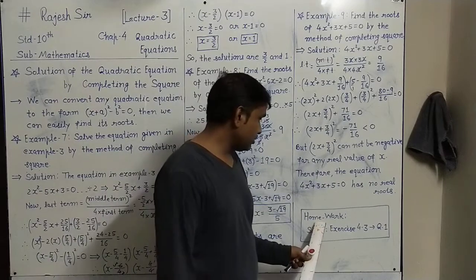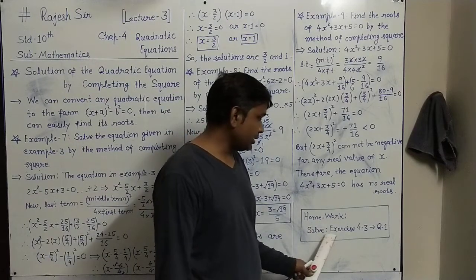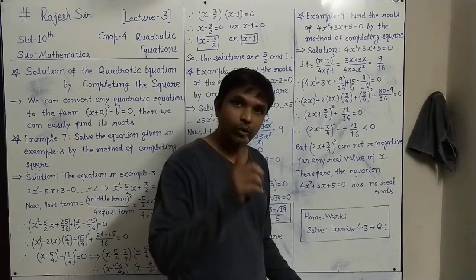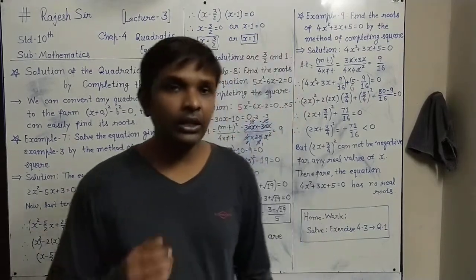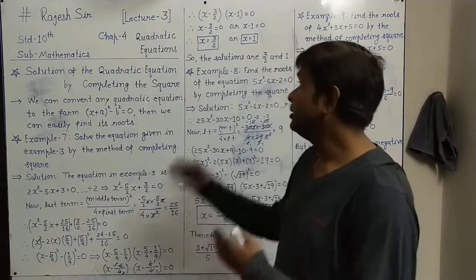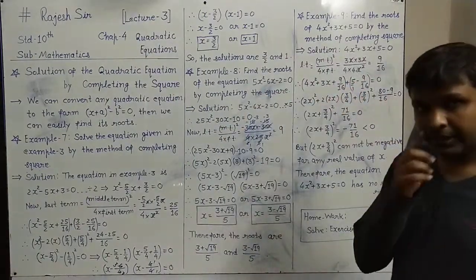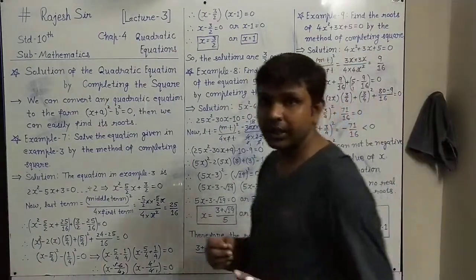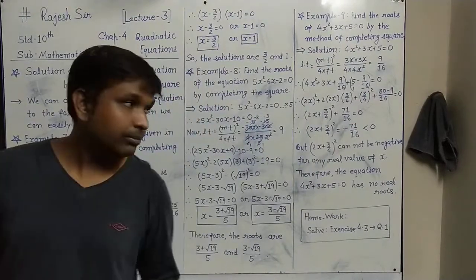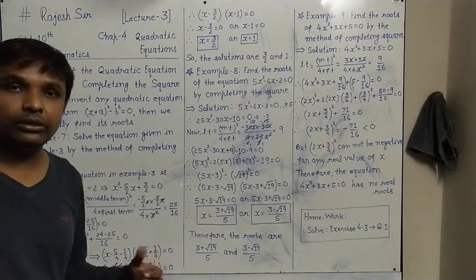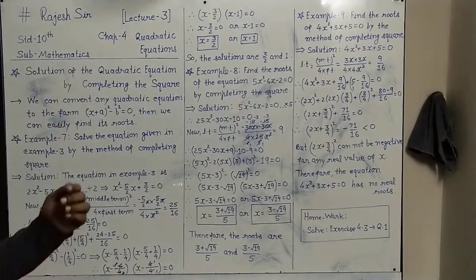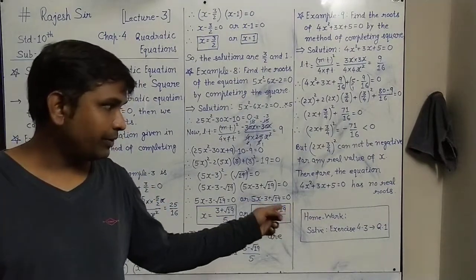So you have to do the homework: solve exercise 4.3 and its question number 1. 4 equations are given in that, and in all 4 we have to apply completing the square to find the solution of the given quadratic equation. And you can solve it if you understand this. So see this video and understand it very well 2-3 times and do the homework, question number 1 of exercise 4.3.